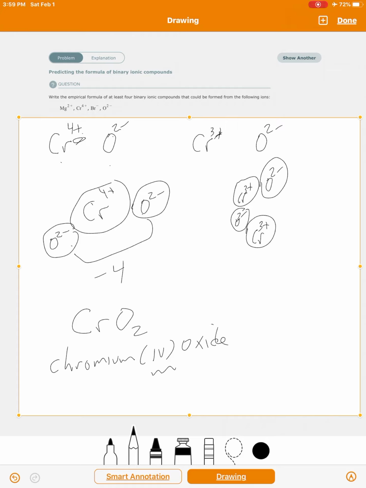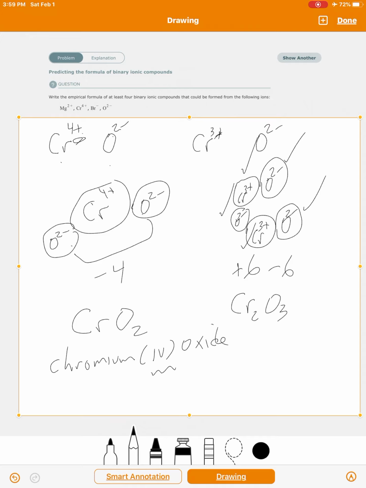So now we have +6. Do one more oxide. Now you have -2, -2, -4, -6. +3, +6. So it looks like we need 2 chromiums, so Cr2, and we have 3 oxides, so O3.